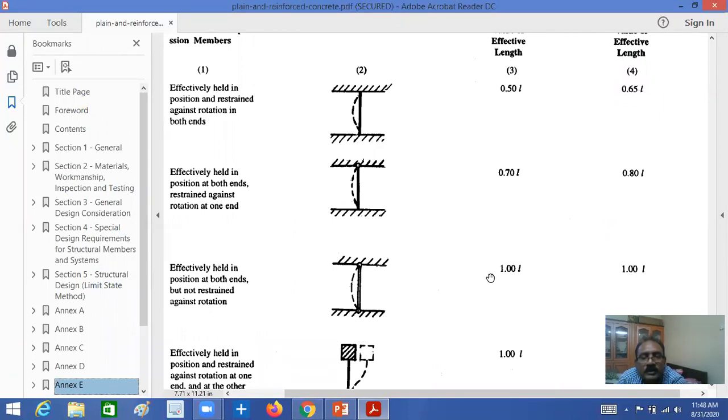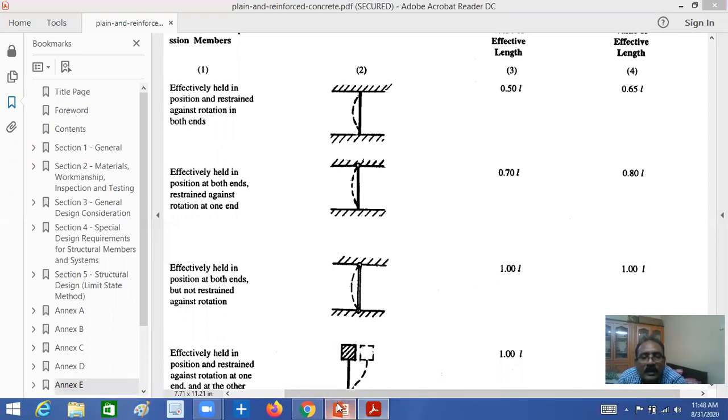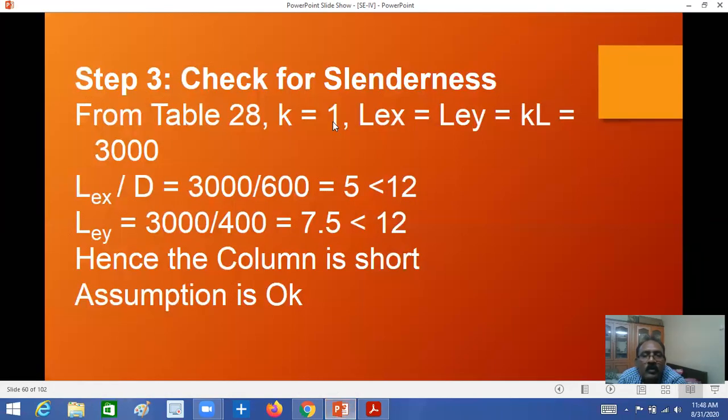That is both sides hinged, that is Le equal to 1 L, so K equal to 1 here you have taken. Now Lex, Ley equal to KL, that is 3000 mm. So Lex by D, that is lateral dimension 5, it is less than 12. So slenderness we are checking. So it is not a long column. And Ley by Lx, that is 3000 by 4, it will be 7.5. So it is also less than 12. Hence it is a short column.